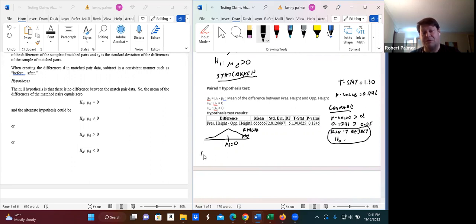And if I can squeeze this in, what this means is there's not enough evidence to support the claim that the mean of differences in height, essentially that the mean difference of heights between the president and their opponents is greater than 0.